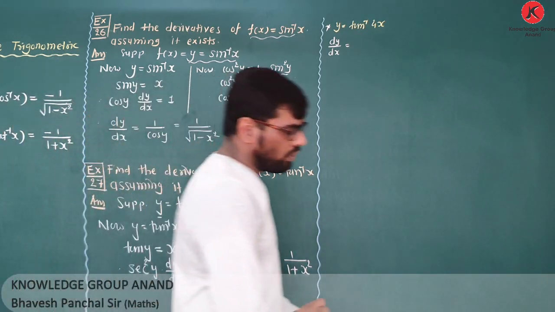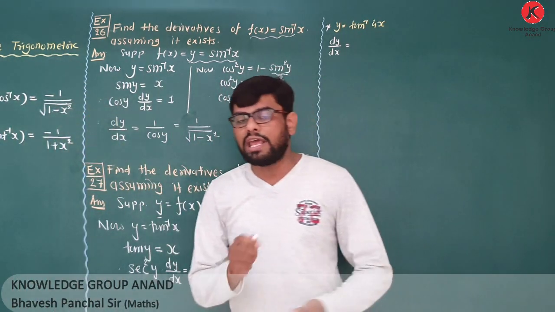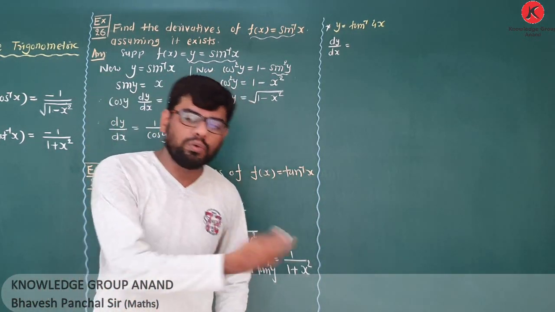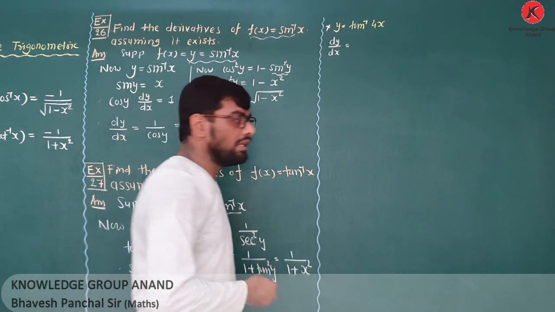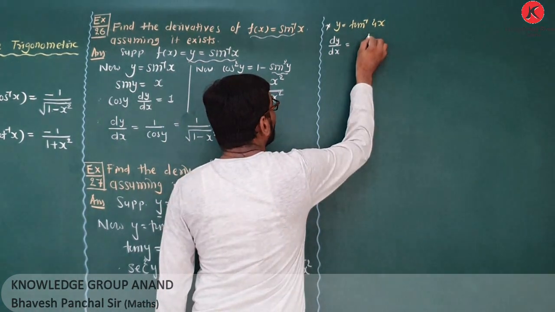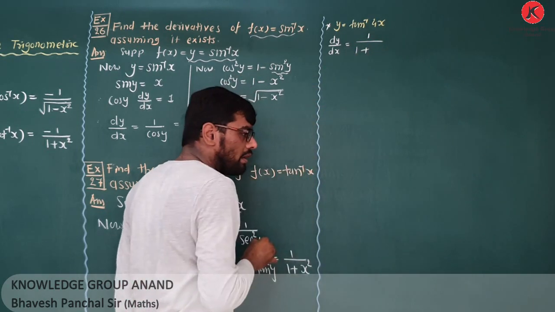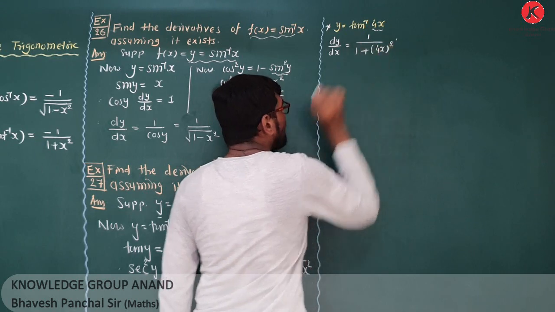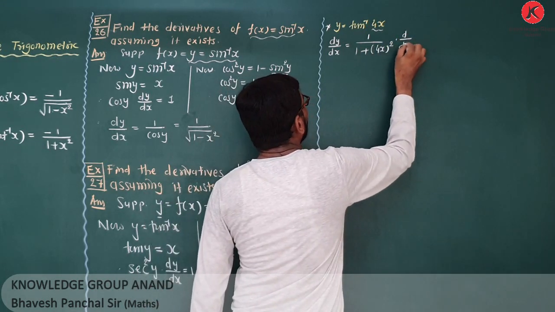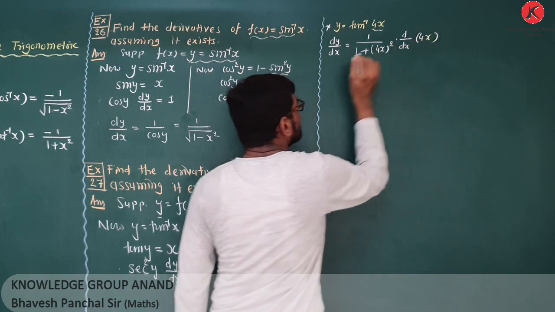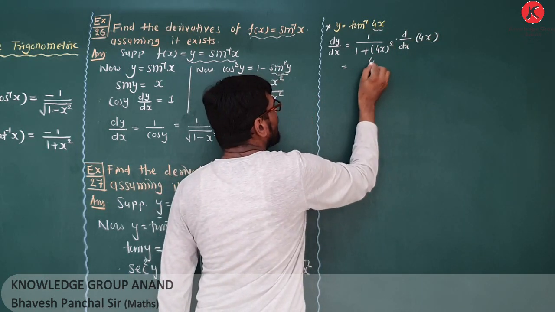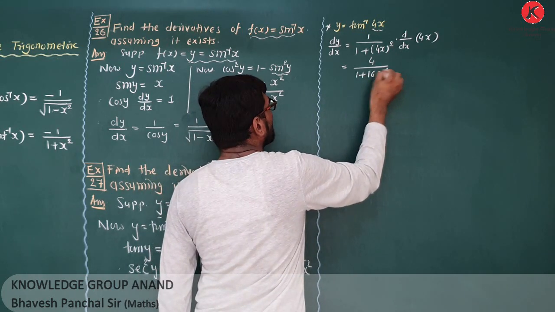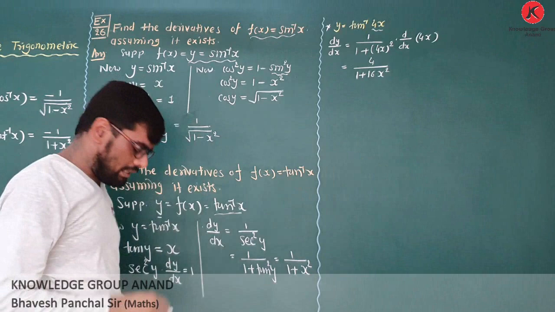First derivative of outer function, that means derivative of tan inverse x is 1 upon 1 plus x square, but here x is 4x, so 1 plus 4x whole square, into derivative of inner function, that means derivative of 4x, which is 4. In the denominator 1 plus 16x square, which is our answer. Okay, next sum.